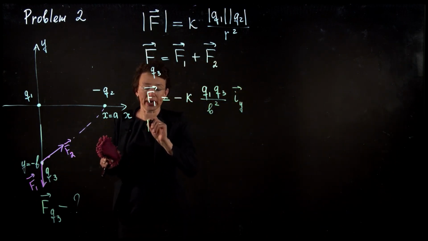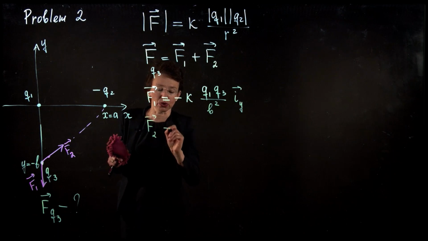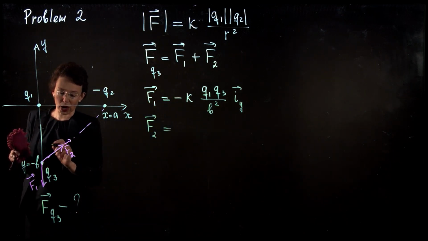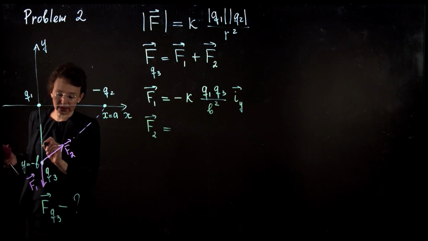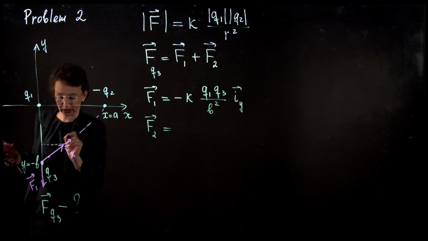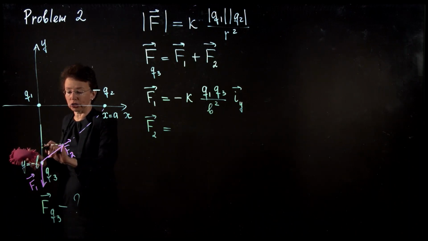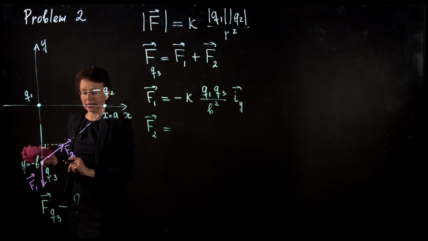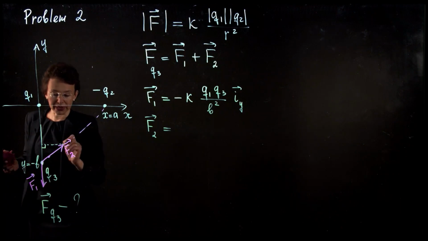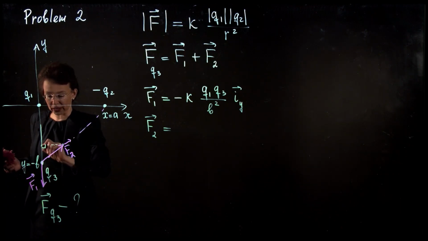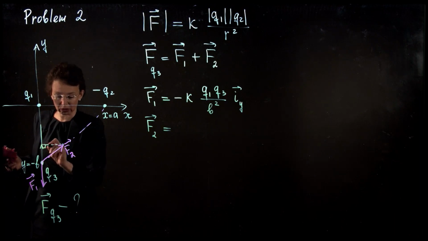So now for F2, F2 has both x and y components. Let's draw a right triangle to project F2. I draw a line perpendicular to y. This is 90 degrees. So F2 is the vector sum of these two vectors.